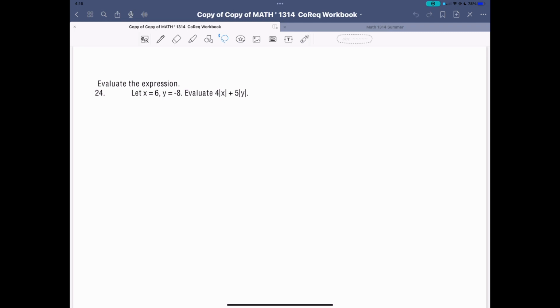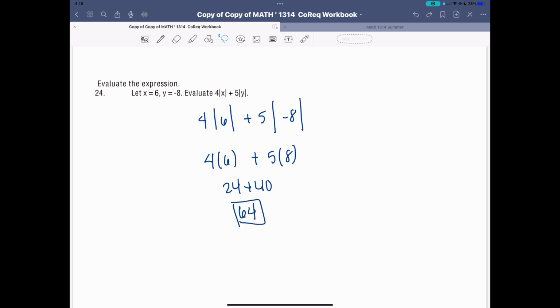So I have for absolute value 6 plus 5 times the absolute value of negative 8. So I start on the left. When you take a positive out of an absolute, it stays positive. So 4 times 6. And then when you take a negative out of the absolute value bar, it becomes a positive. So it's plus 5 times 8. So I get 24 plus 40. My answer is going to be 64.